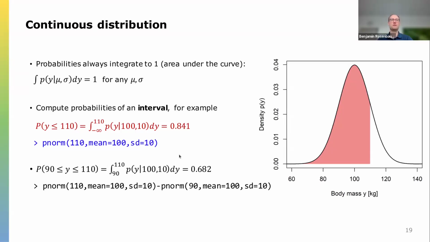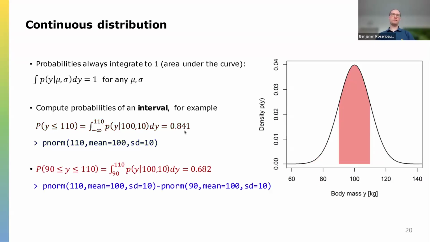And again, you can also just use R code to calculate this. Here, the pnorm function, p norm for the normal distribution, of 110 for a distribution with mean 100 and a standard deviation of 10, gives you the probability of, let's say, 84% in this case.